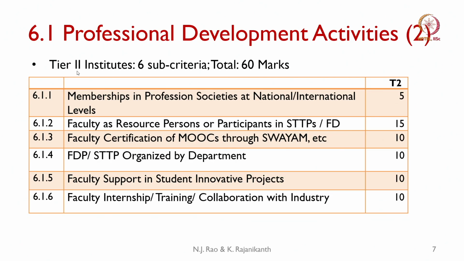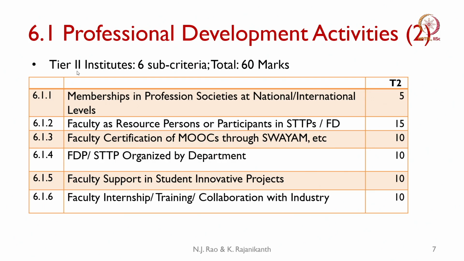Now if you look at Tier 2, there are only 6 sub-criteria. Membership in professional societies, national and international level; faculty as resource persons or participants in STTP, FDP; then faculty certification of MOOCs through SWAYAM; FDP, STTP organized; faculty support in student innovative projects; faculty internship.